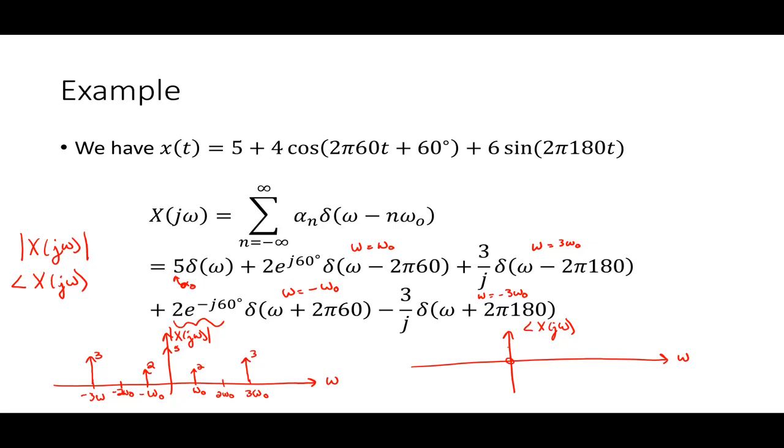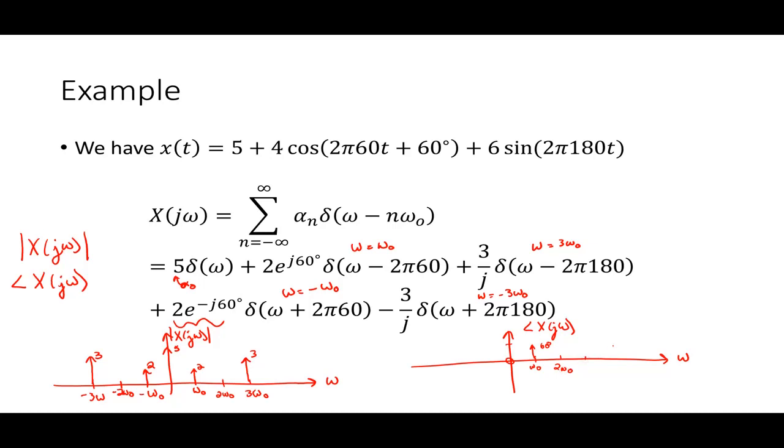Now, what am I going to do for omega equal to omega naught? Here's omega naught. At omega naught, I'm going to have an impulse here with 60 degrees. That's omega naught, here's 2 omega naught, and here's 3 omega naught.